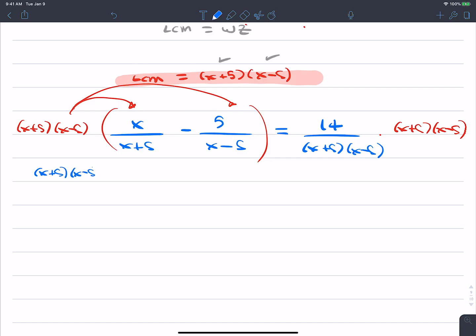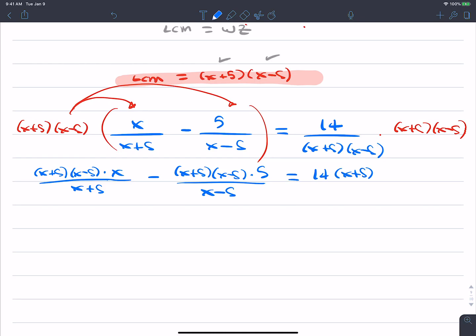X plus 5 times x minus 5 times x over x plus 5, minus x plus 5 times x minus 5 times 5 over x minus 5, equals 14 x plus 5 times x minus 5 over x plus 5 times x minus 5.